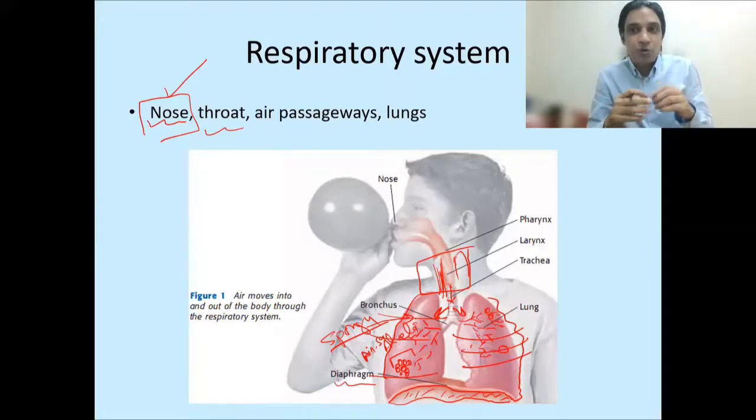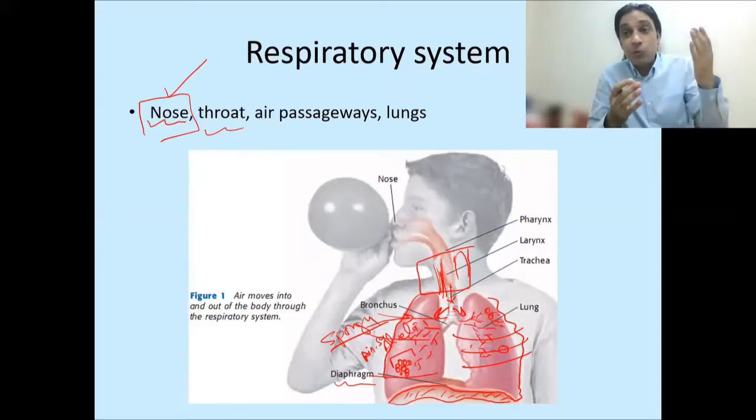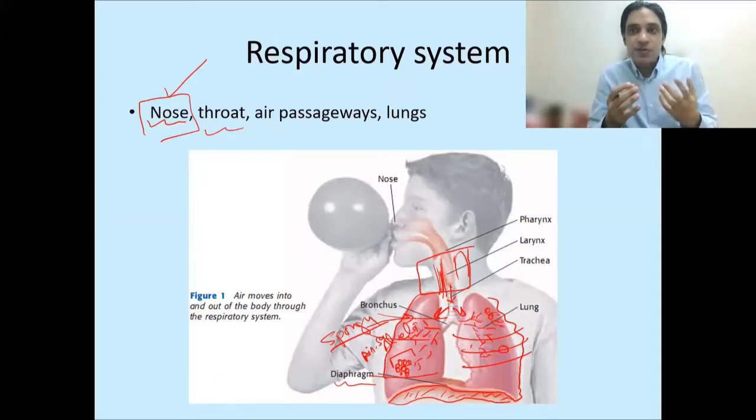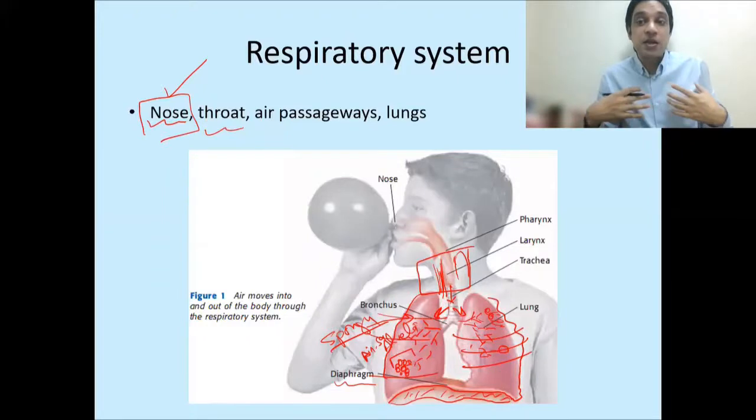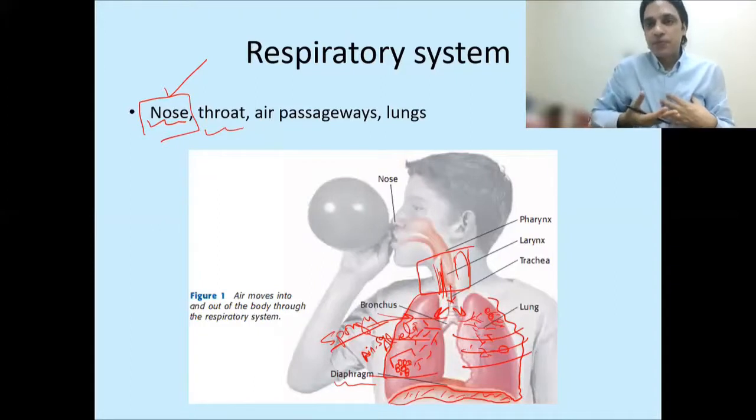Now, coming back to the process of breathing, in order to understand how lungs are able to contract and relax, how they are able to expel the gases out, and how they are able to draw the gases into the lungs, you need to understand the function of the muscles present around the rib cage, and the diaphragm.